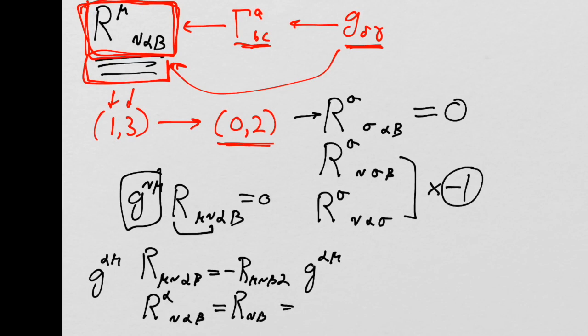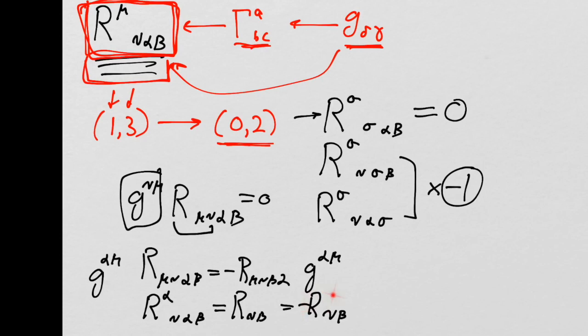But on this side, I'm going to get minus R_{νβ}, because what happens is this elevates this μ to α, and that α contracts on the third one. So you end up with νβ left over.